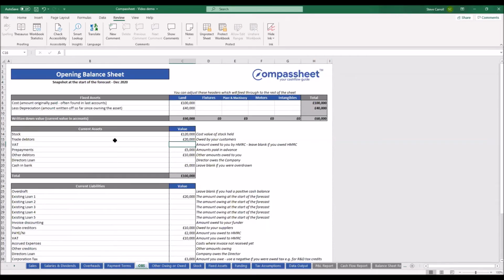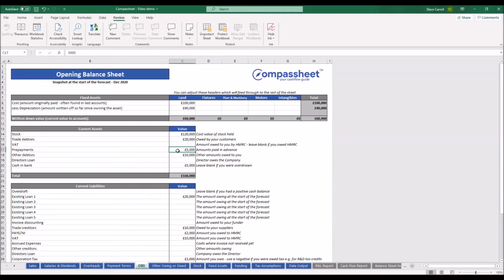So the VAT, if it's in the top bit of the box, it's the amount owed to us by HMRC. If we go down here, if we owe HMRC, it's down as a liability. In other words, we owe somebody that money. An asset is what's owed to us, a liability is what we owe somebody else. Prepayments is where we've paid for something in advance.